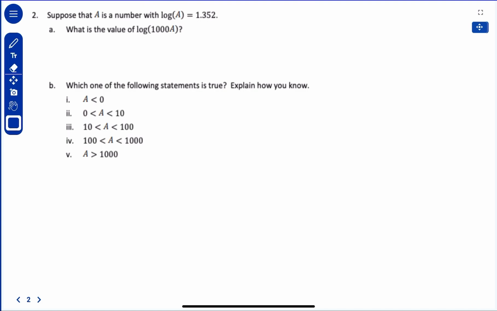What's that going to be? 10 to the cubed multiplied by A. Okay. So what is A?